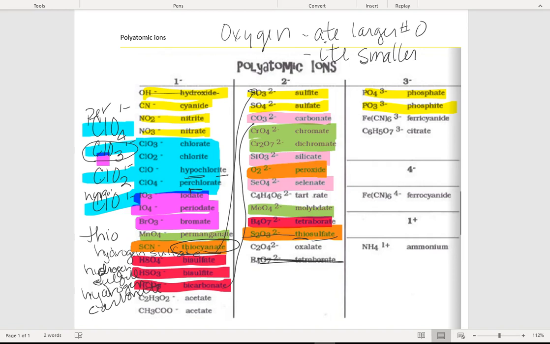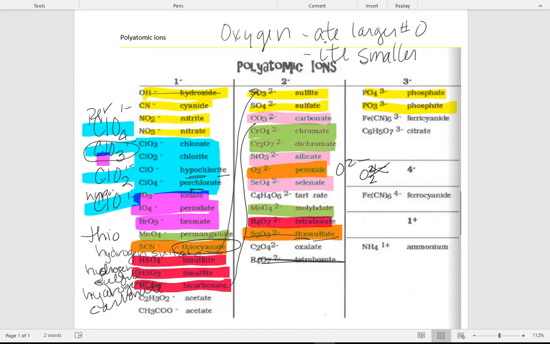Peroxide, oxygen normally is a -2, so if we have 2 oxygens, it should be a -4, right? Nope. In peroxides, it's a -1. So each oxygen is a -1.